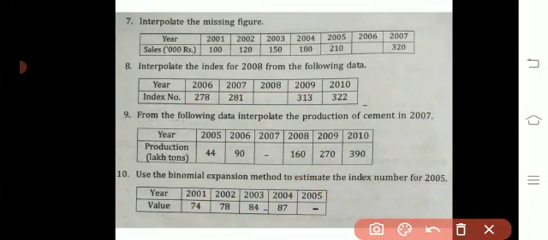This is also a very small topic, and in PUC second year the same topic we are going to study, but in PUC first year you can observe here we have used it for a single missing observation. Only one missing observation is there in the data, but in PUC second year there will be two missing observations in the series.